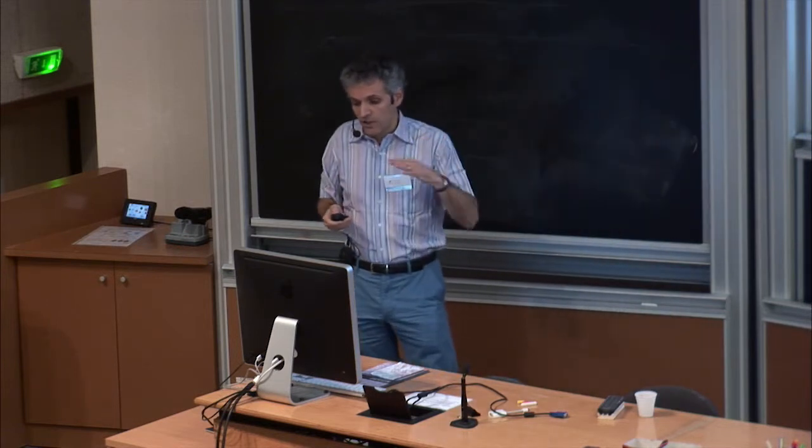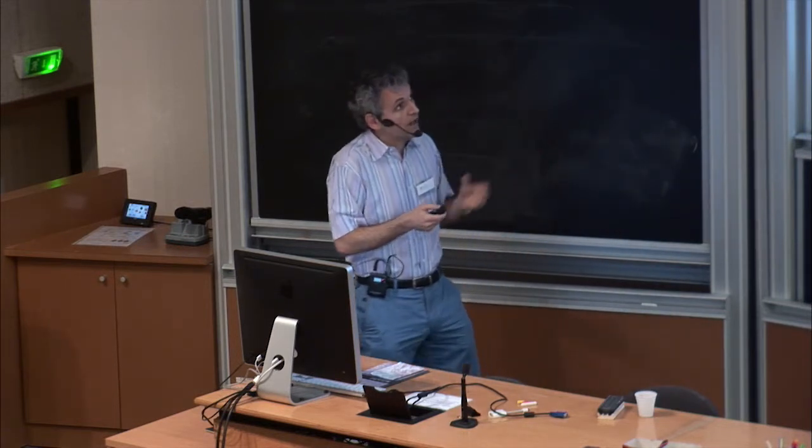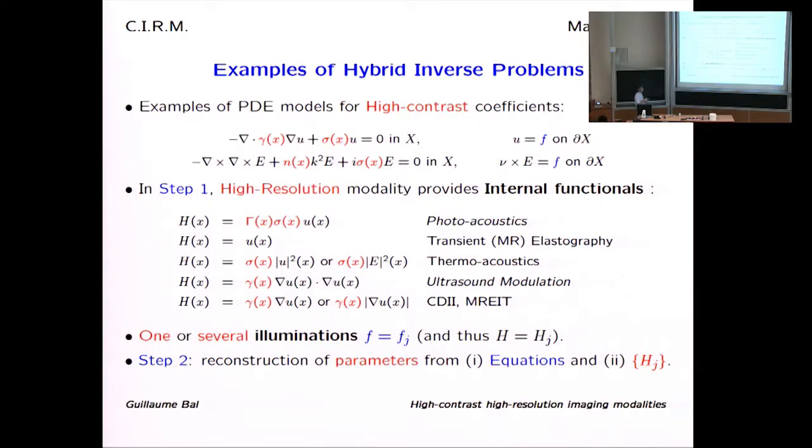Let me first backtrack and mention that many hybrid inverse problems have a similar flavor. The one I've talked about is the one where we try to reconstruct the optical parameters from this type of internal information, not internal functional. There's a whole zoology of hybrid inverse problems, coupled physics inverse problems, where you can take any high resolution and any high contrast methodology and hope that physics provides a coupling, which it does or it does not.